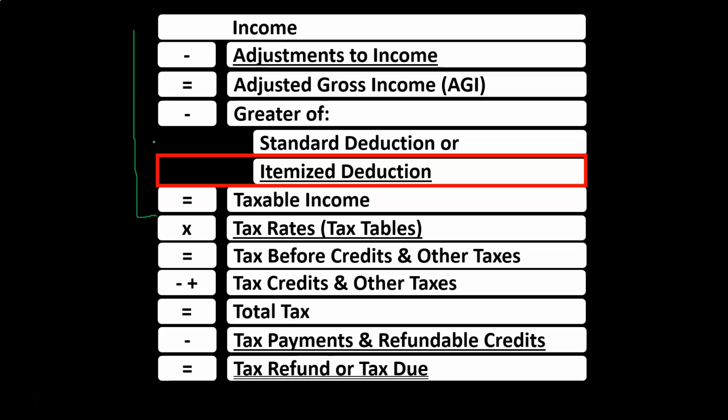In other words, when you say, well, this pushed me over to being able to itemize, you're really only getting a benefit from the difference between the standard deduction and the itemized deductions, because you would have got the standard deduction anyway. Once somebody has cleared the itemized deduction threshold, then everything that you can pile on top of that that fits into the itemized deduction category will be beneficial.